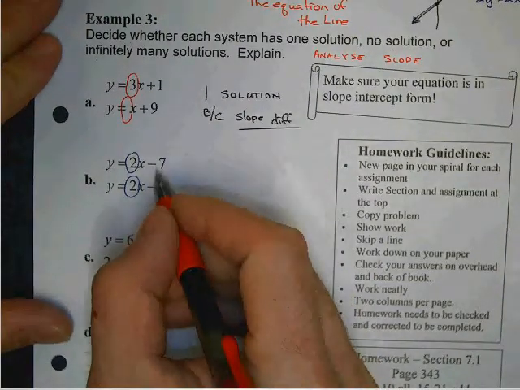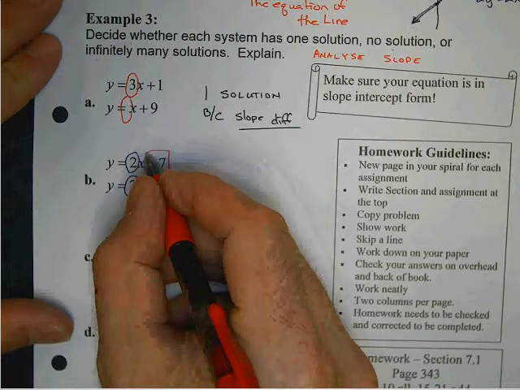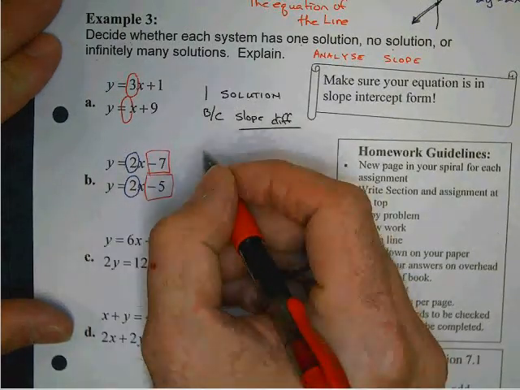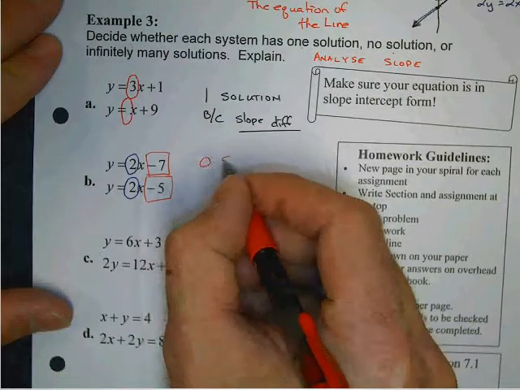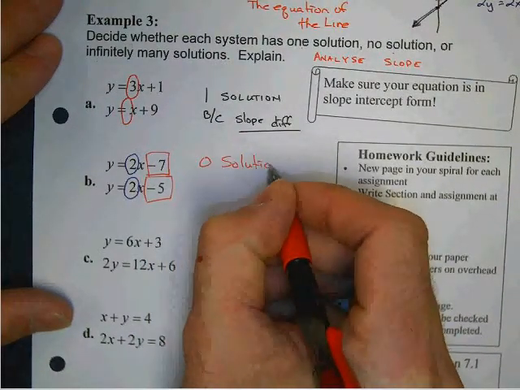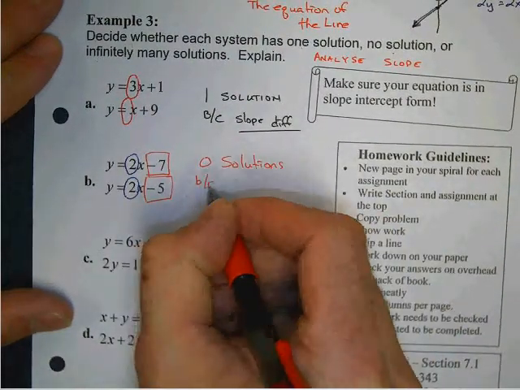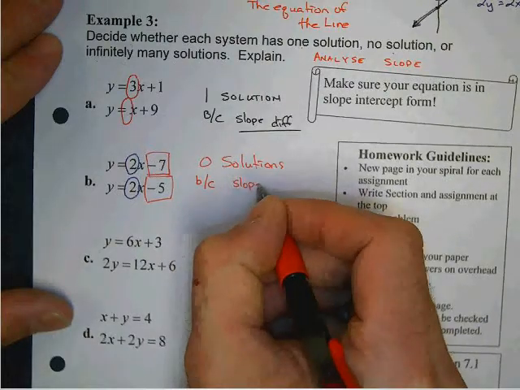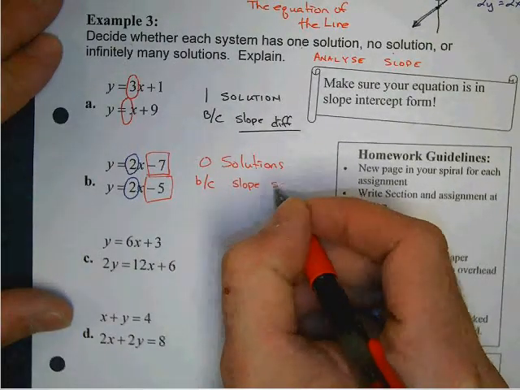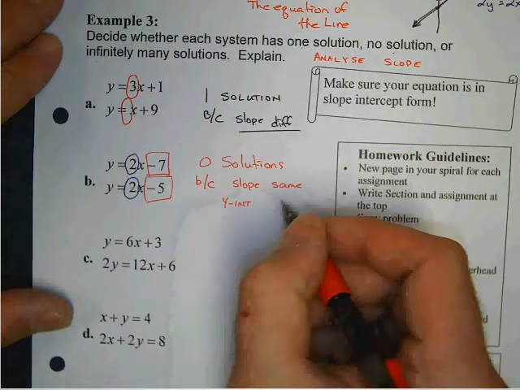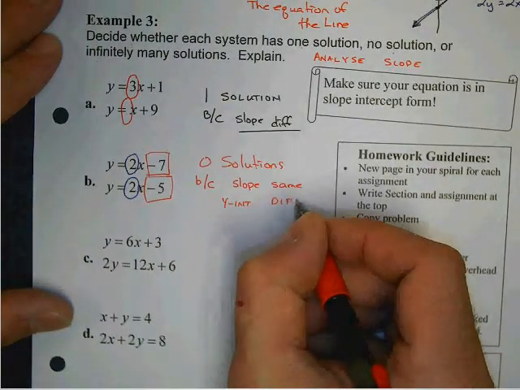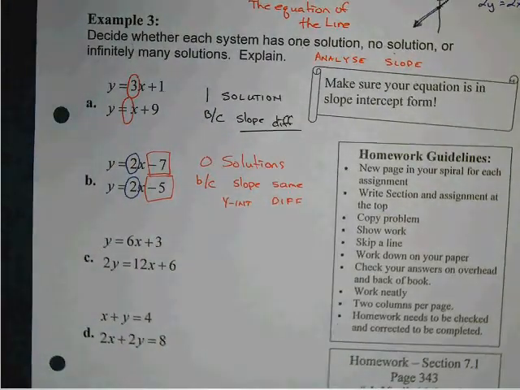Good. These are different. Okay, so how many solutions? 0. 0 solutions. Because the slope is what? The same. What do I put for y-intercepts? Y-intercepts are different.